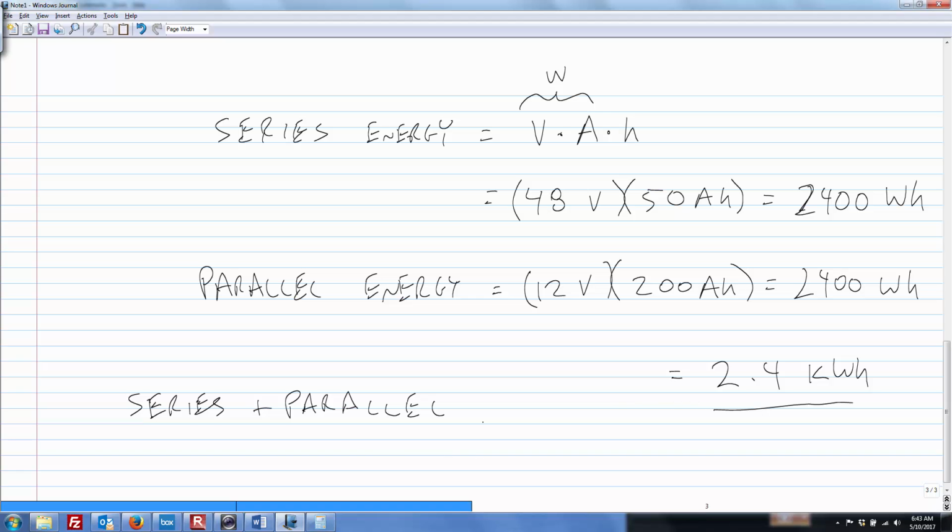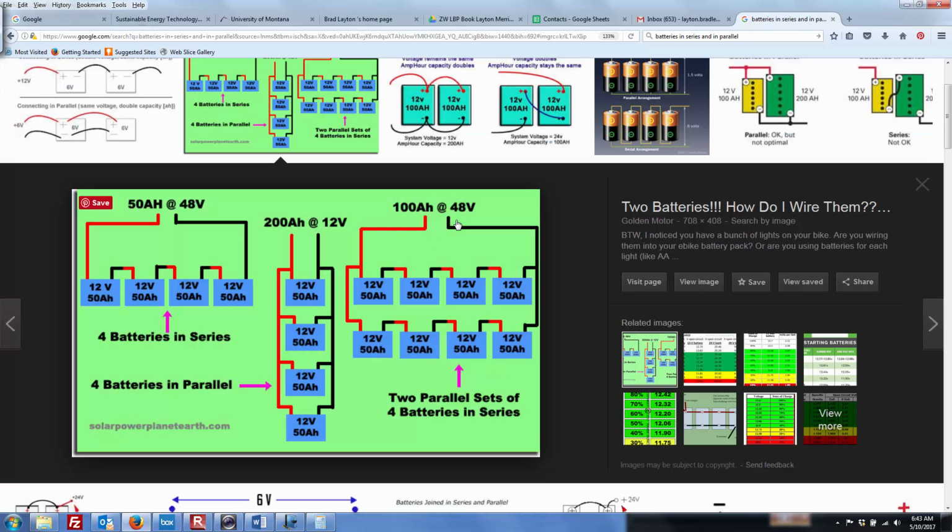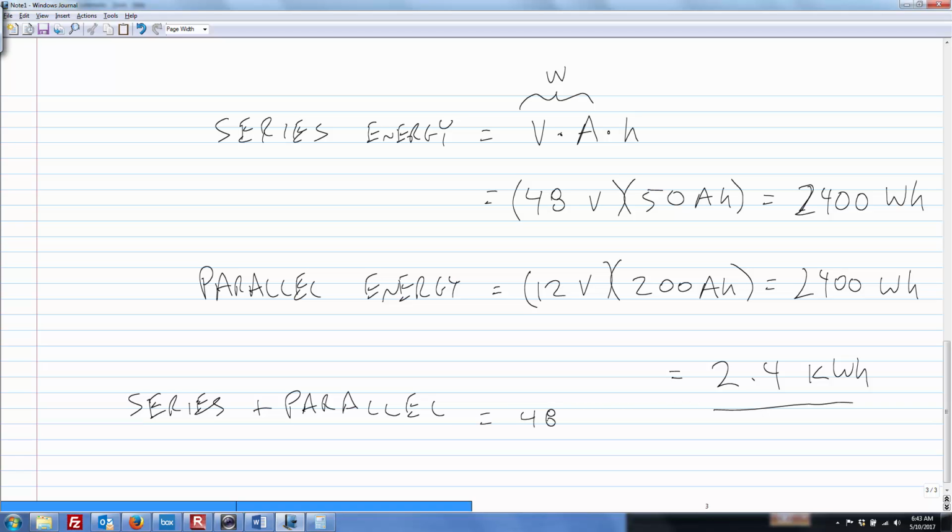What we're looking at is 48 volts times 100 amp hours equals 4,800 watt hours equals 4.8 kilowatt hours. So larger. Okay, so that's really the fundamentals of putting batteries together, series parallel, and calculating the total amount of energy.